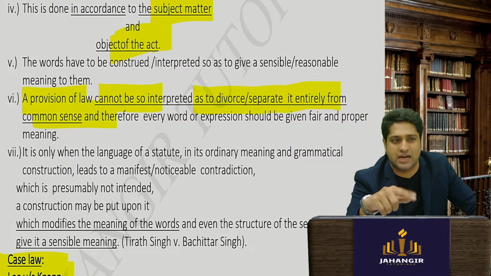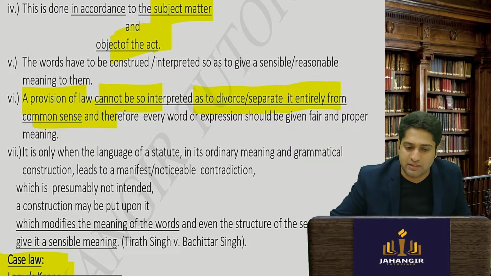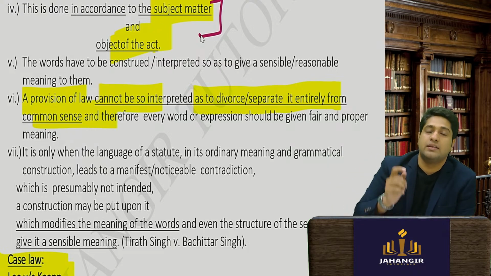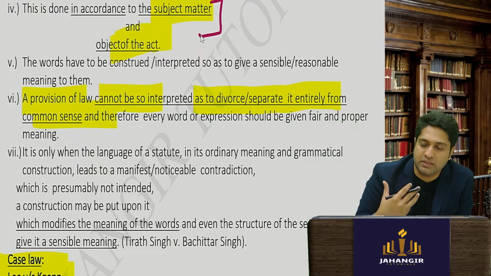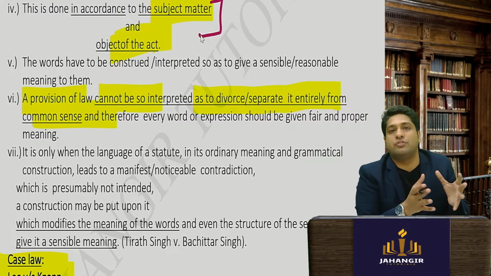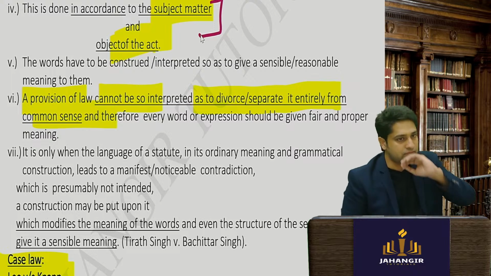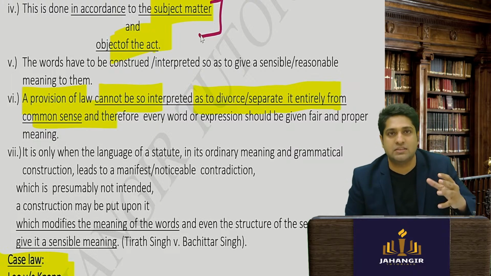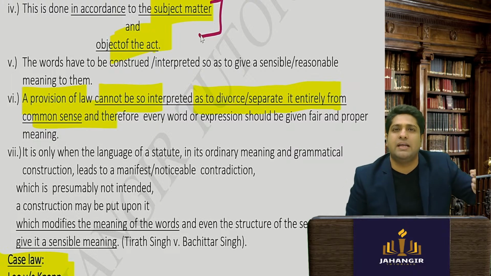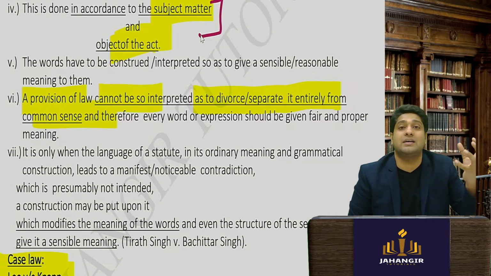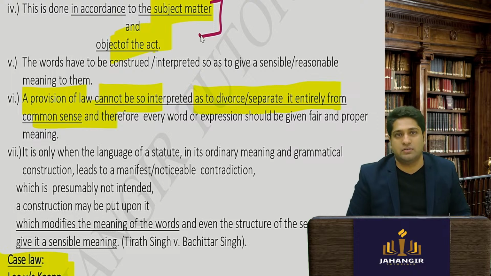This rule has to be written no matter what, that interpretation should be given such that the object of the act and the subject matter of the act can be fulfilled. That means give an interpretation so that the object of the act is fulfilled and the subject matter is also correct. Okay, so this is there.